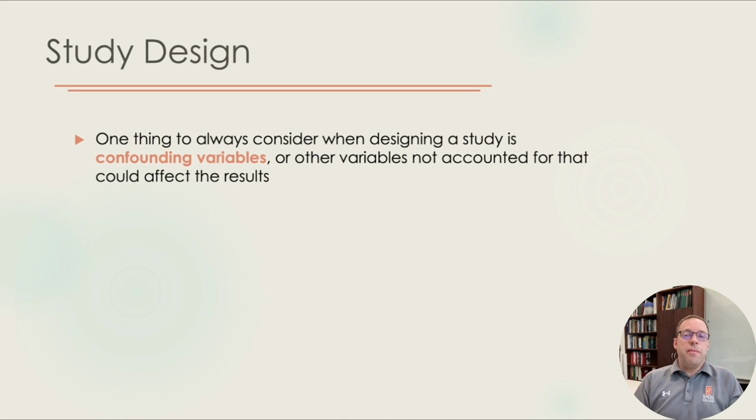Now, there's a very important thing we have to consider at this point, and that is that we need to design a study to account for confounding variables. A confounding variable is something that could affect the data even though we're not measuring it. So, for example, let's do the stop sign on the northwest corner of campus again.